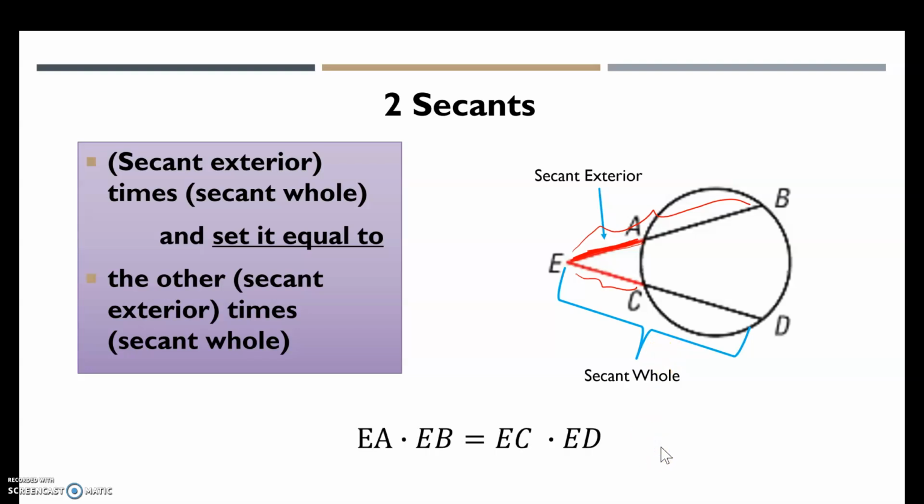So I'm taking my EA, that's my exterior, and I'm multiplying it times EB, which is the whole thing. So the outside plus the inside, that entire length there. And I'm going to set that equal to the other exterior, which is EC, and that's this guy right here, times the whole secant, and that's going to be ED. Again, the outside plus the inside.